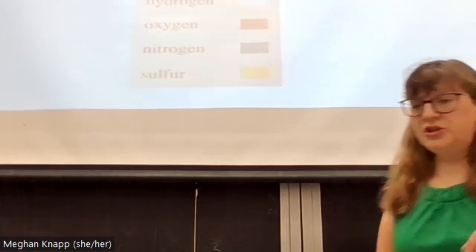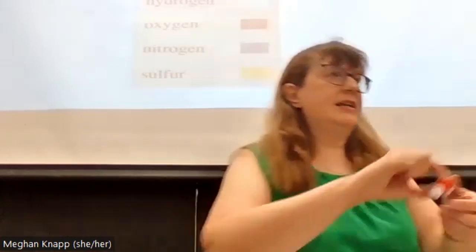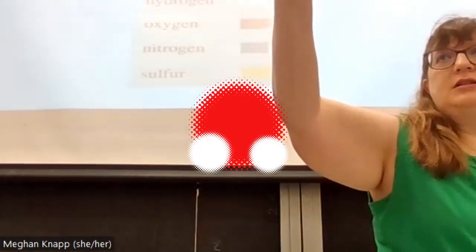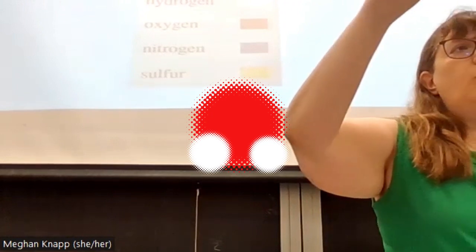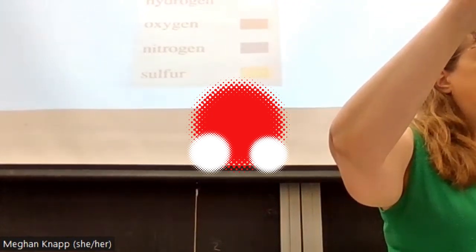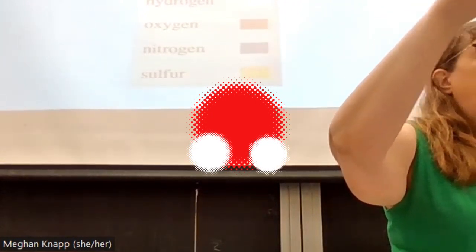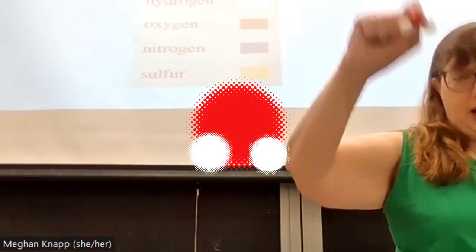So what we would do, you all should have something that looks like this. It might have longer bonds, but it should have a red and two whites. So what are the elements in here? Oxygen and hydrogen. So we would say that this is O for oxygen, H for hydrogen, and then we would put numbers to tell how many there are.